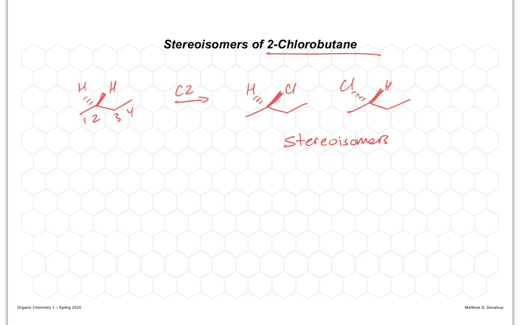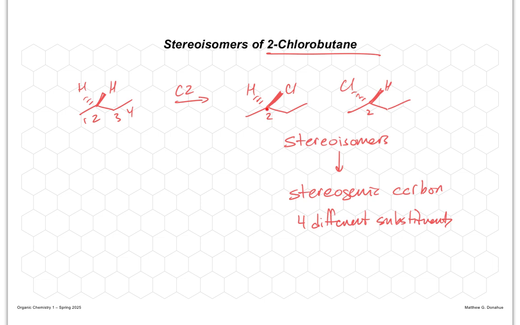Sort of a little bit more nomenclature. We would call that carbon atom 2 a stereogenic carbon. And what does that mean? That overall it has four different substituents.